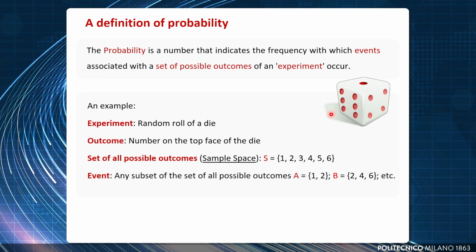The set of all possible outcomes, called the sample space, includes all the integer numbers from 1 to 6, as is well known, and an event is any subset of possible outcomes. For example, here we have the event A that includes numbers 1 and 2, and the event B that includes all the even numbers.